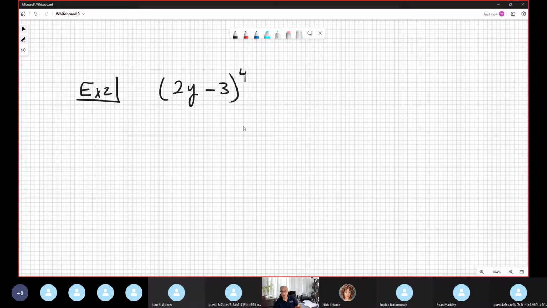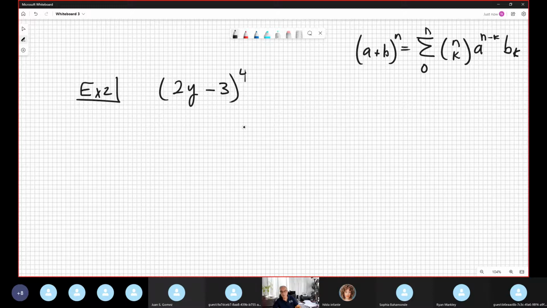Because in my formula, I want to copy one more time my formula, it is a plus b to the n power equals a summation of the combinatory number n, k, a to the n minus k, b to the k, no? And this summation goes from 0 to n. Okay? K equals 0.